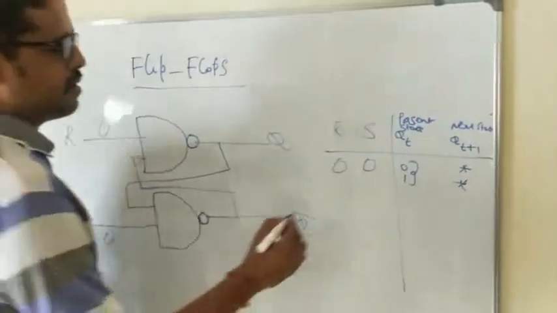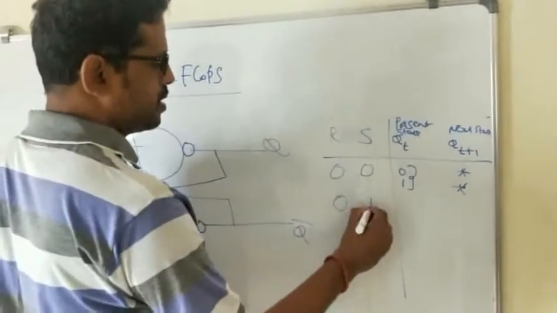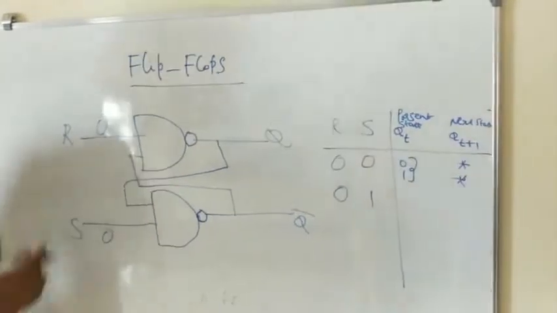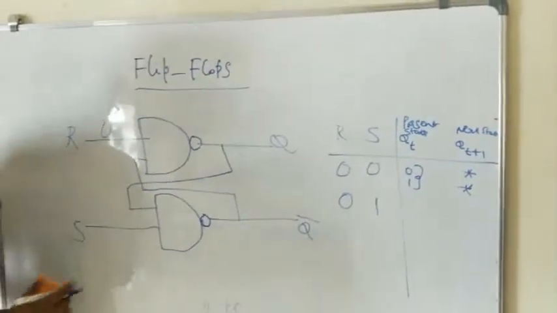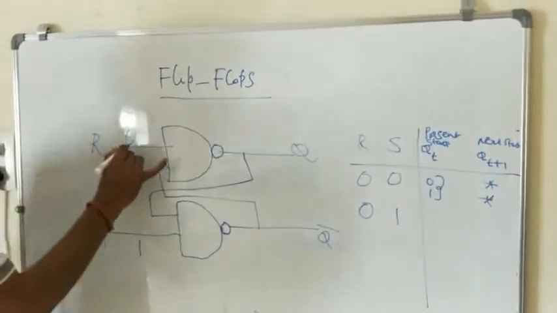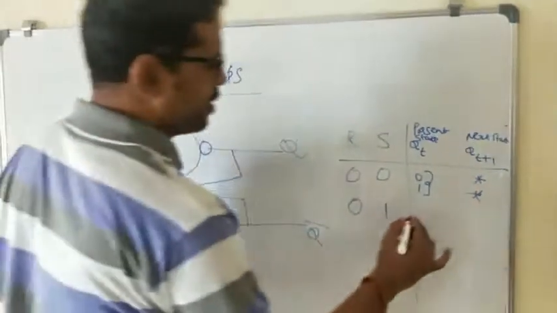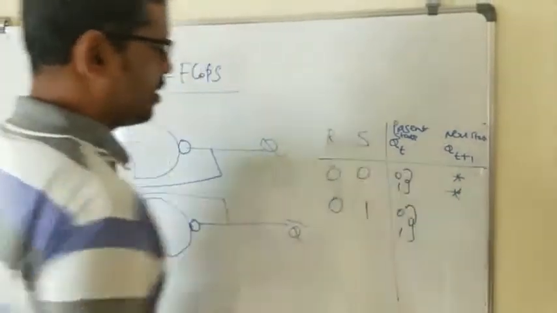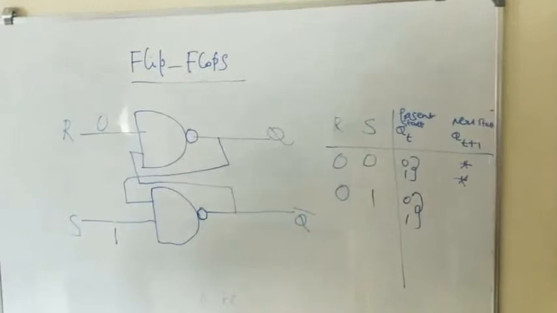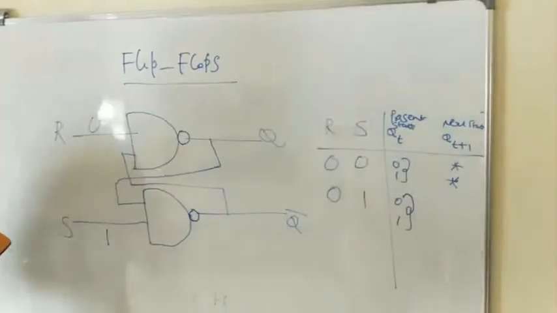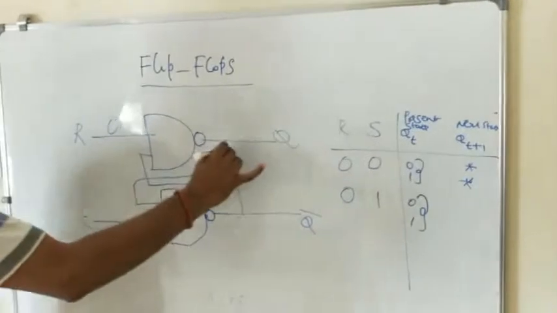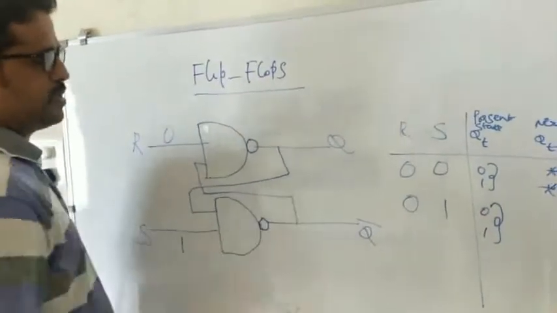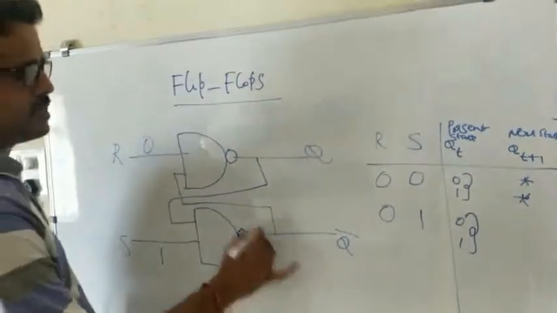Then next we'll check 0, 1. R is 0, S is 1. R being 0 means this output is going to be 1, and with 1, 1 this output is going to be 0.